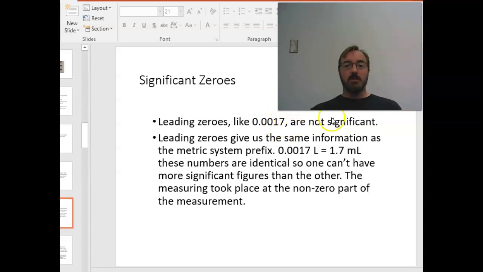That's what we're trying to determine here, the number of sig figs. Leading zeros give us the same information as a metric system prefix, which we're going to get into later. In this case, instead of writing 0.0017, I could have just written 1.7 milliliters, and that would still have the correct number of sig figs. So I just eliminated those zeros by adding a prefix.